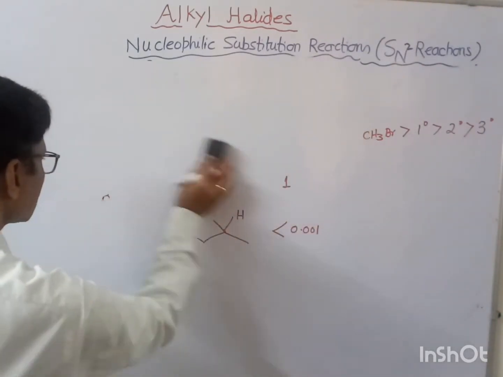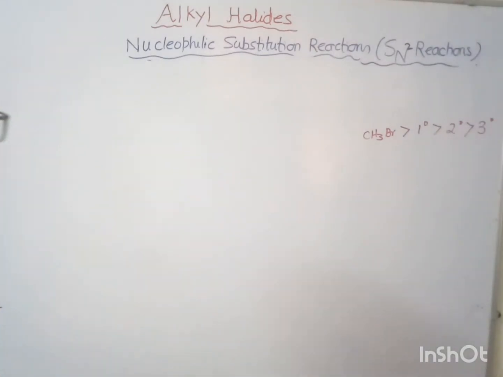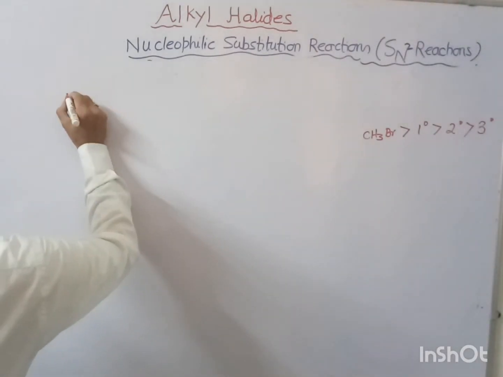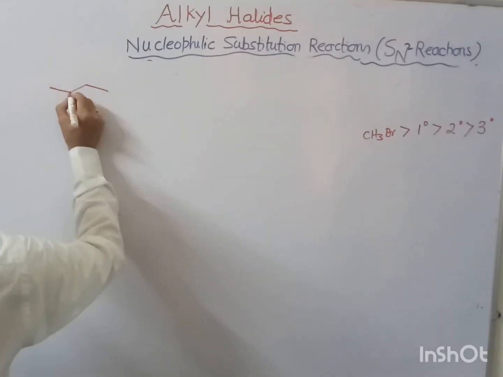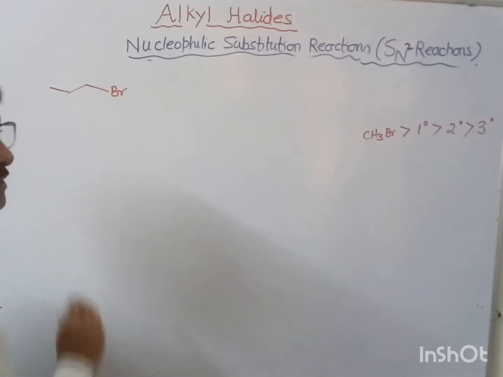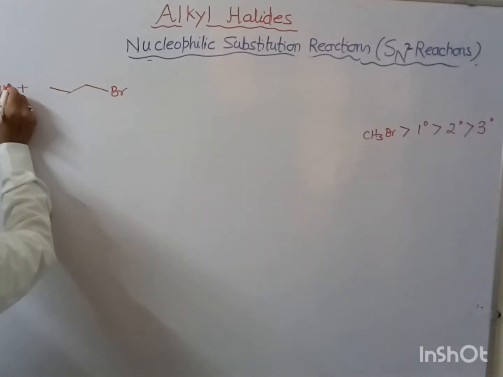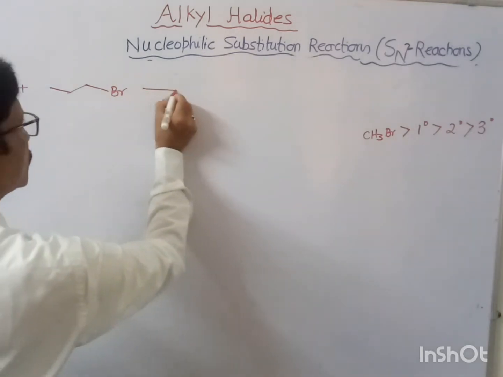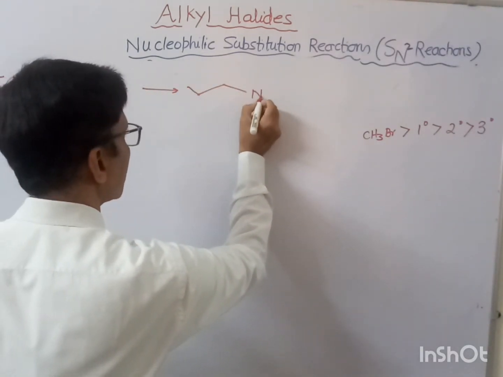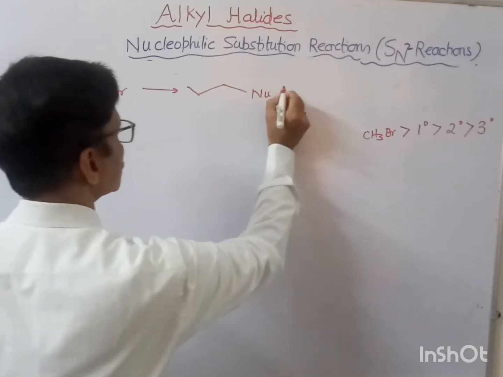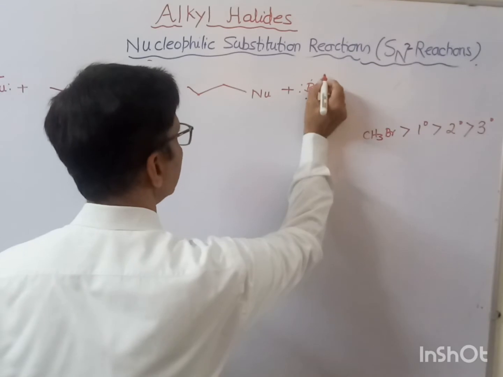Now let's see one of the general reactions. If I write the general reaction, suppose this is our primary alkyl halide, and this primary alkyl halide can react with various nucleophiles, and this nucleophile becomes substituted. So the nucleophile is substituted, and we are getting this bromide ion as a leaving group.